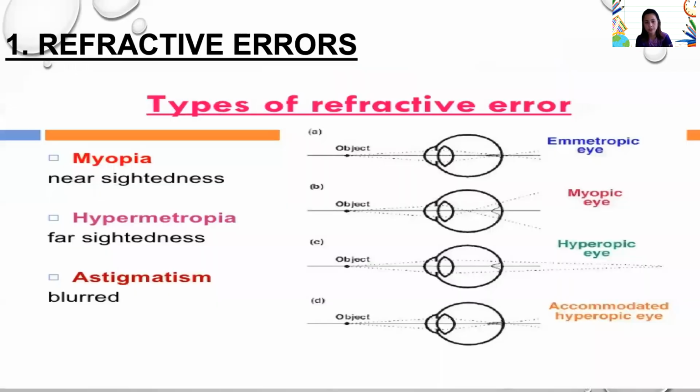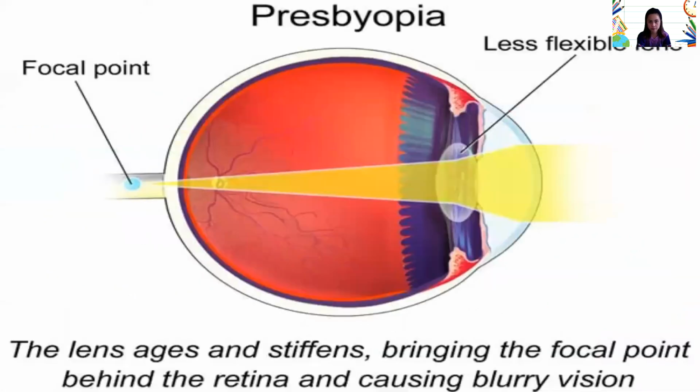Next is sensory disorders. So sensory disorders includes any disorders which is in your eyes, in your nose, in your ears. So refractive errors, we have different types. We have the myopia or the nearsightedness. We have the hypermetropia or farsightedness, and astigmatism, blurred vision.